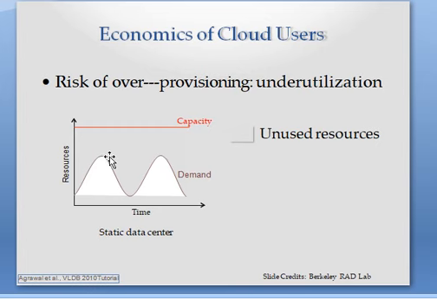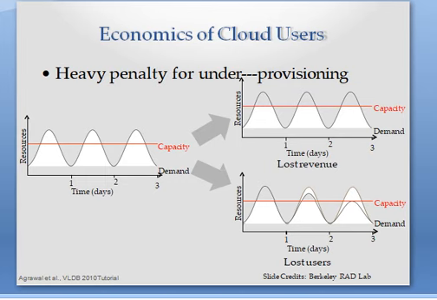So this case is underutilization, wasting a lot of resources. On the other hand, in this diagram on your right, you can see that if you lower your capacity, sometimes your demand is not met.